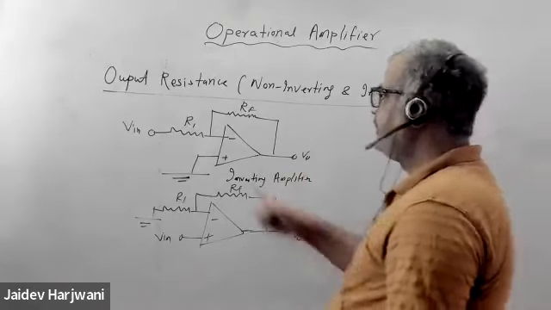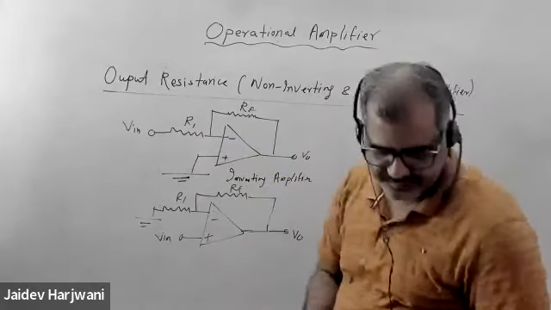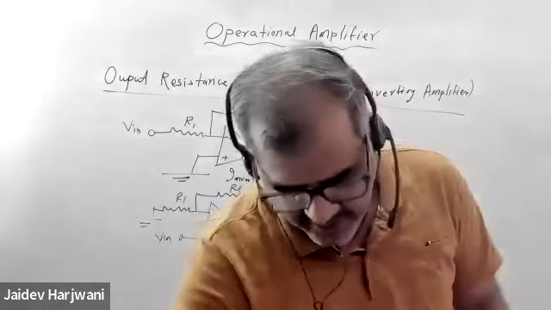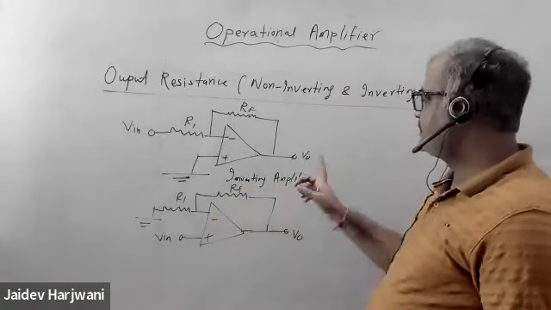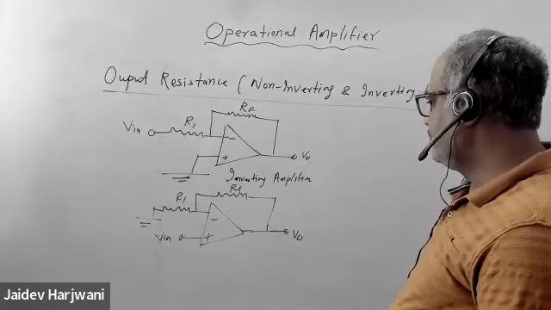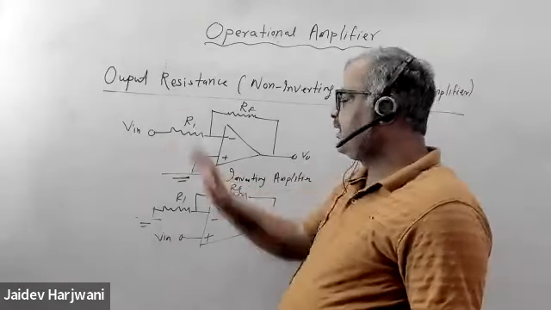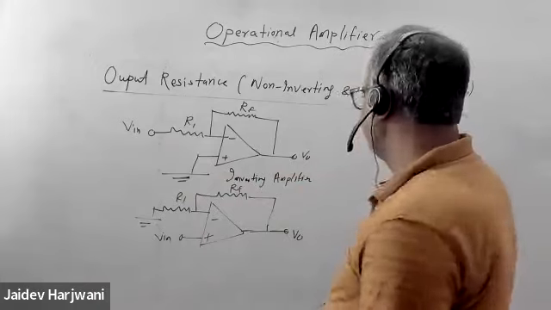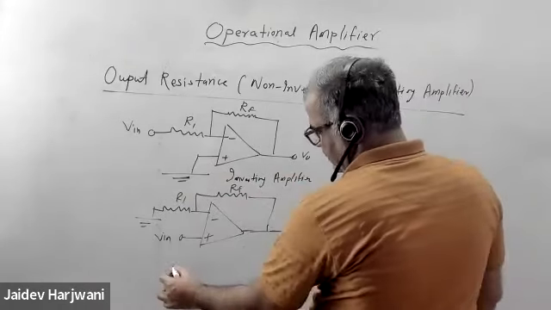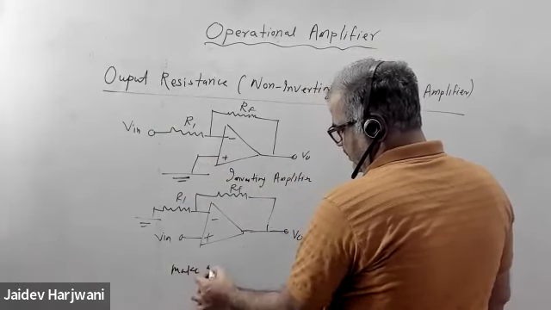Now we want to calculate output resistance. So when I want to calculate output resistance, I need to make all the independent sources off.